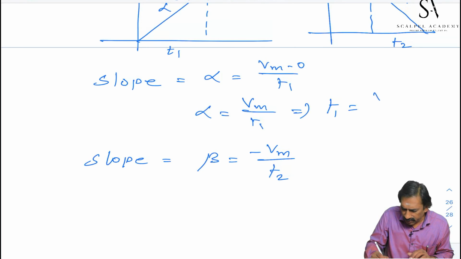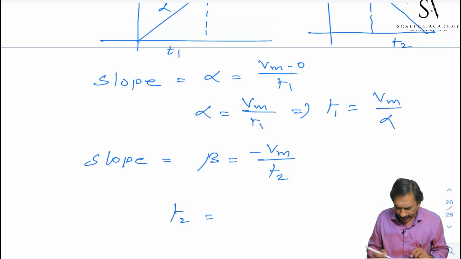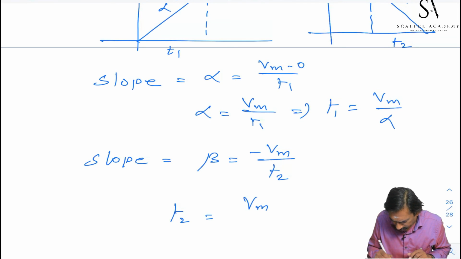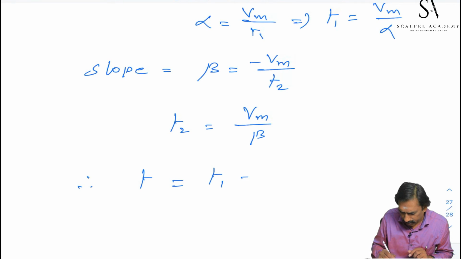T1 is equal to Vm by alpha. Here if you calculate t2, time cannot be negative, you have to take the magnitude, Vm by beta. Total time lapse t is given, but t1 and t2 are not given.